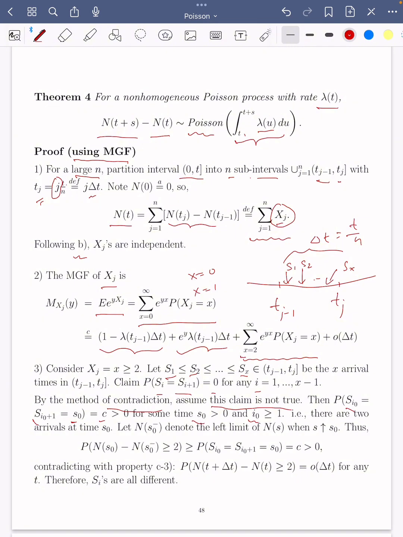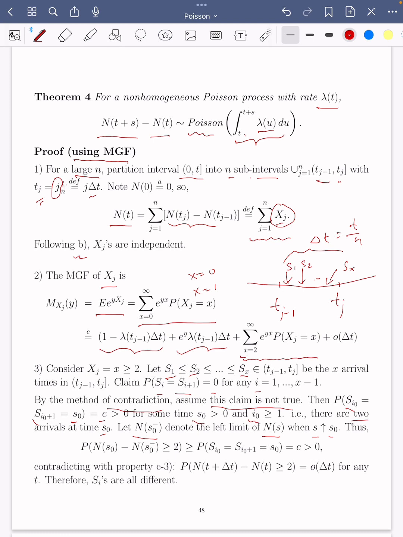So this statement just says that there are two arrival times at time s0, and let N(s0 minus) denote the left limit of N(s) when s increases to s0.